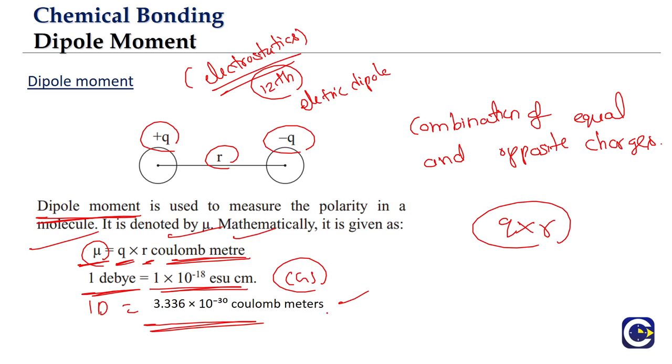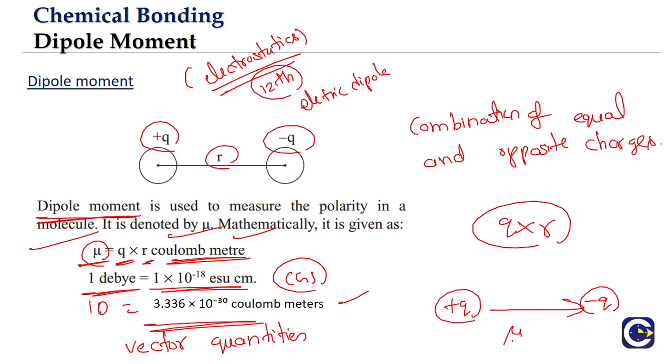This is the conversion. Now the dipole moment is a vector quantity. In physics you will learn about these vector quantities. Vector quantities have direction. The direction of the dipole moment will be taken from the positive to the negative. So the dipole moment vector direction will be considered from positive to negative.